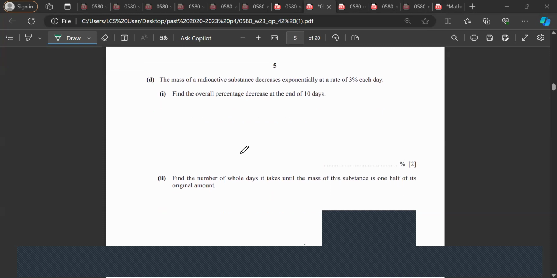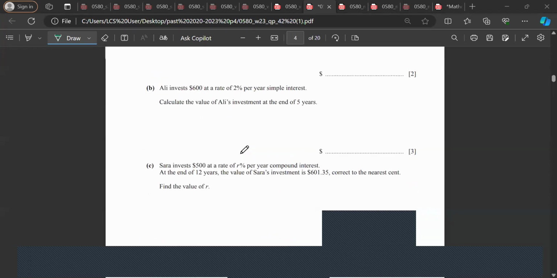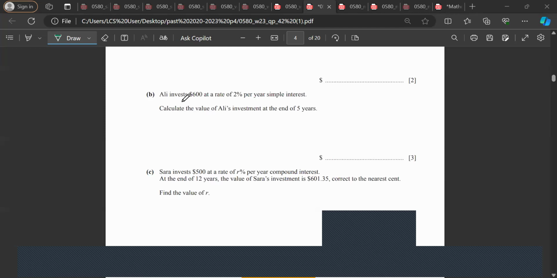Wait, how do you do simple interest again? I forgot. This one, PRT over 100. I equal PRT.